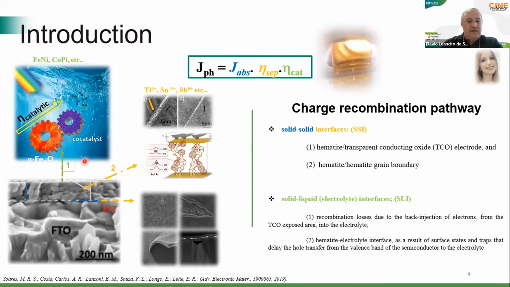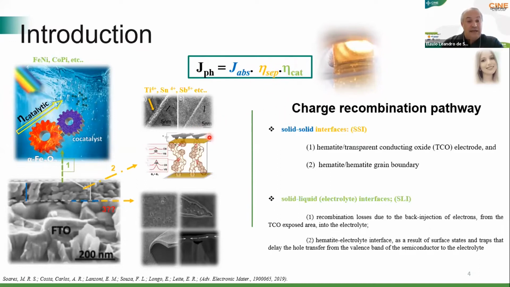As you see here, we have three different interfaces, which means we have three main recombination pathways to control. And this will be directly related to all the parameters that govern the photocurrent efficiency in photoanode materials.